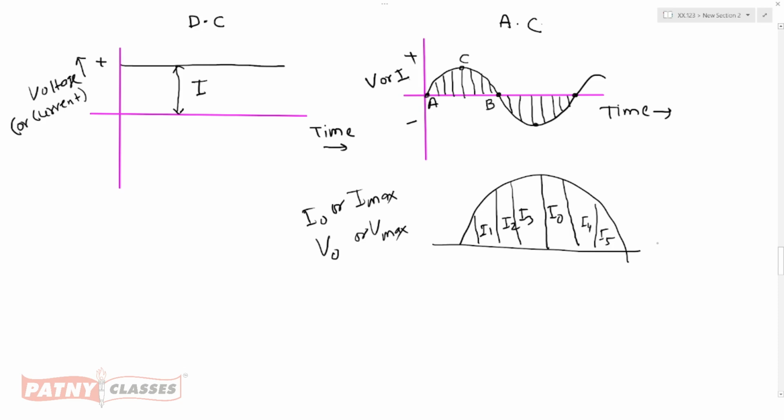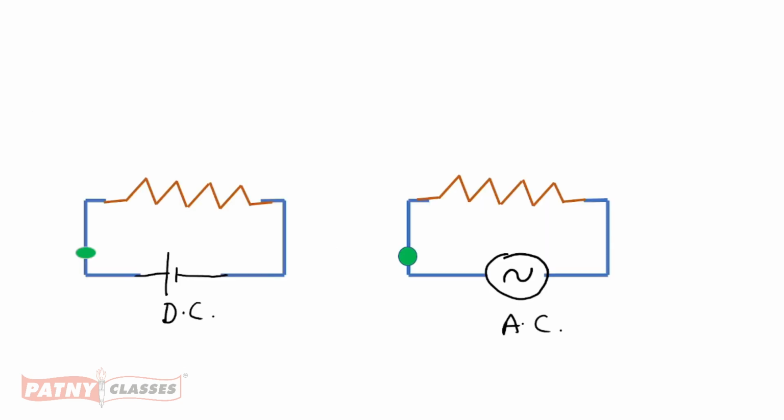Now let us understand what exactly the meaning of RMS value of the current is. Here I have two circuits. One is the DC circuit, another is the AC circuit, and some current is flowing through them. When the current flows through the resistor in the DC circuit, it becomes hot.